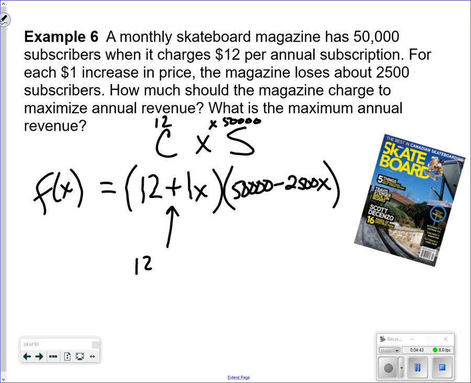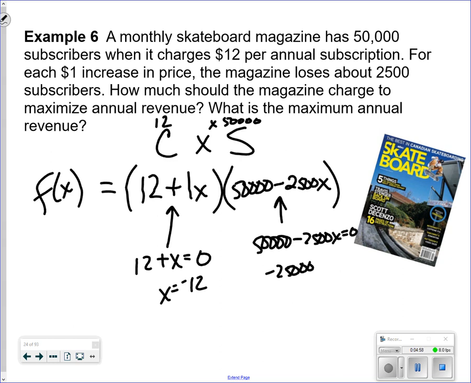So when I set this equal to 0, I get negative 12. When I set this one equal to 0, it requires a little bit more work, 2,500x equals negative 50,000. So I divide by negative 2,500, and x would equal 20.